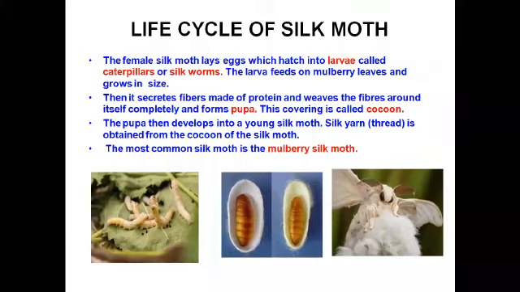When the cocoon is fully grown, after some weeks, the cocoon bursts open for the silk moth to come out. This silk moth is known as the mulberry silk moth because it feeds on mulberry leaves.